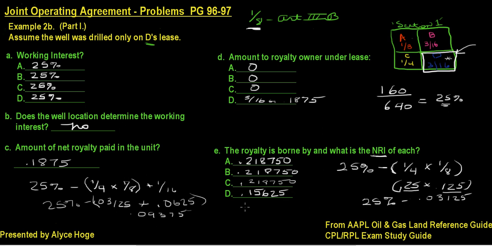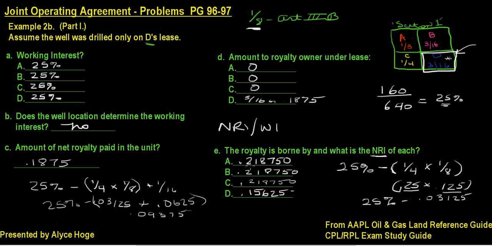Okay, so you can see right away that they have a worse net revenue interest. Theirs is lower than A, B, and C. But if we want to look at the actual impact of it, we're going to use what's called the effective net revenue interest. That is when you take the net revenue interest and divide it by the working interest. So the formula is net revenue interest divided by the working interest.